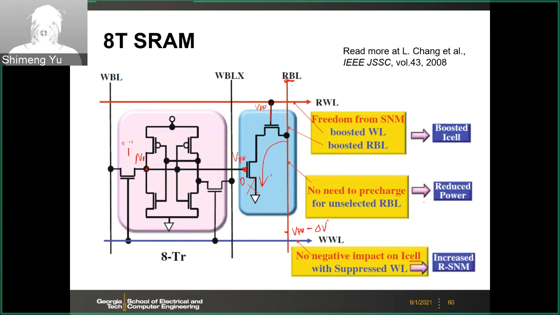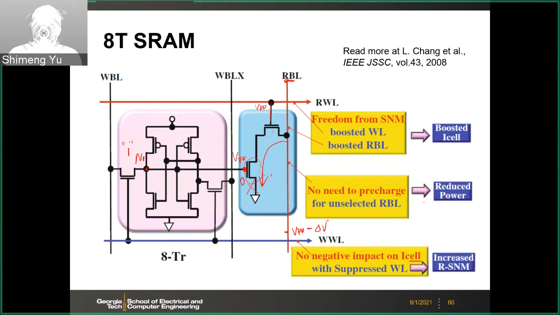Then the RBL will stay at VDD. So this passgate transistor state is controlled by your data pattern, and you can read out using those 2 transistors.